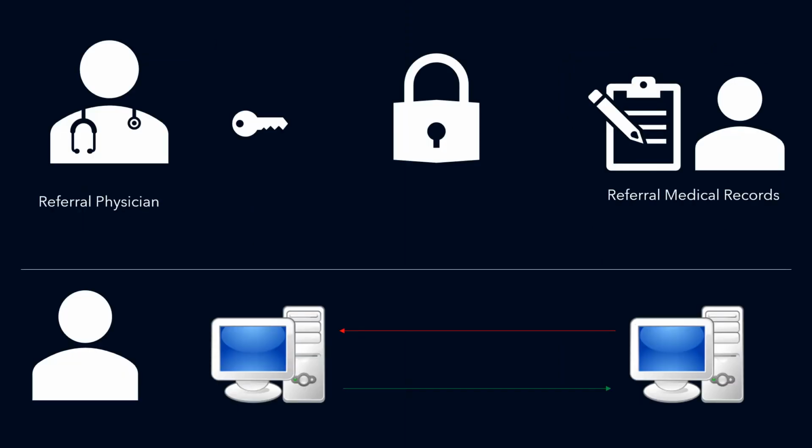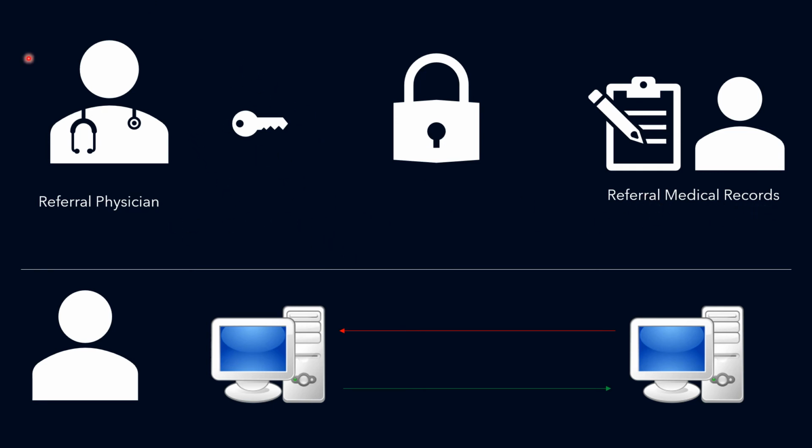So one of the related works that I found while researching this topic is a paper titled Cross-Domain Data Sharing, and it is a method for allowing healthcare providers to access their patients' records, but this system provides accountability. So basically the way this system works is only referral physicians are able to access referral medical records.